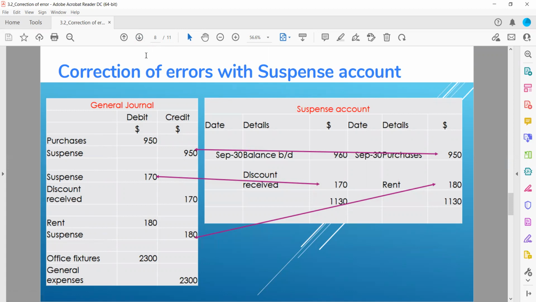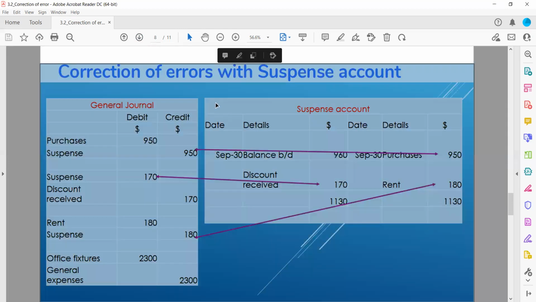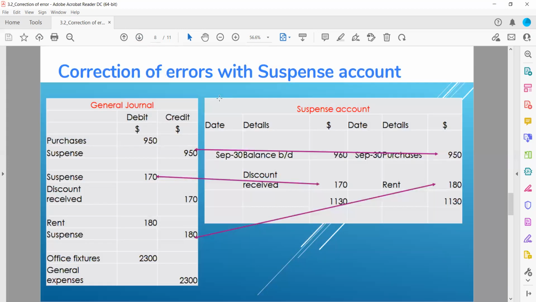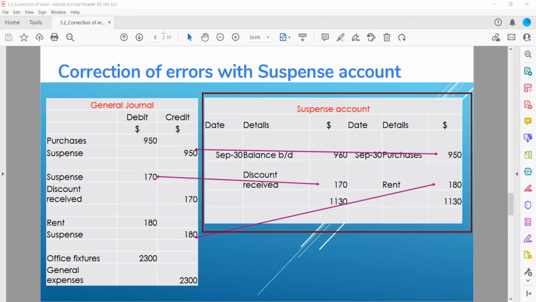When we want to open the suspense account, if the question asks us to open it, take note that only the transactions which involve the suspense are transferred to the suspense account.